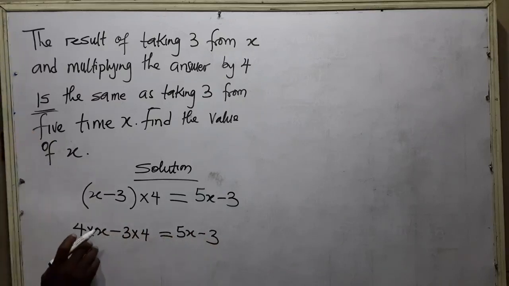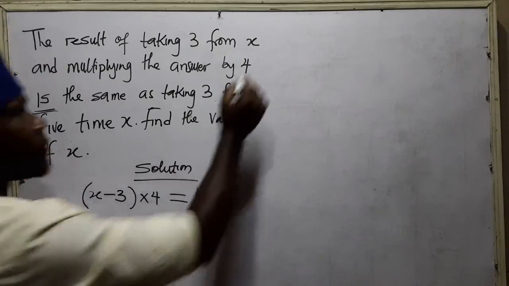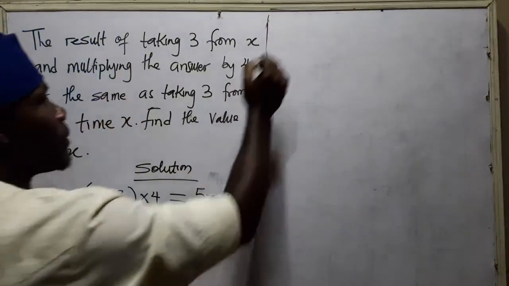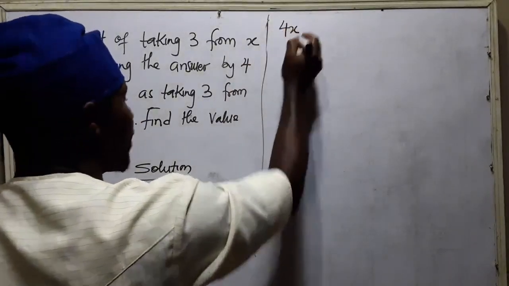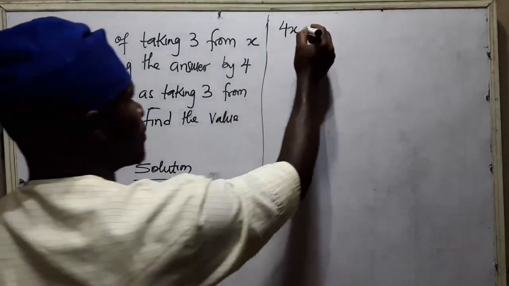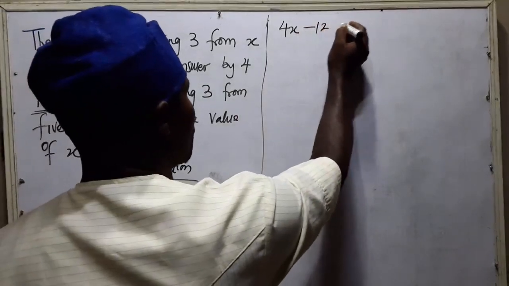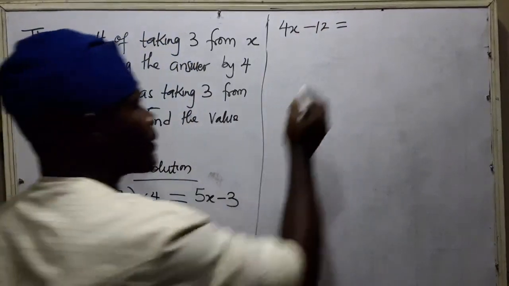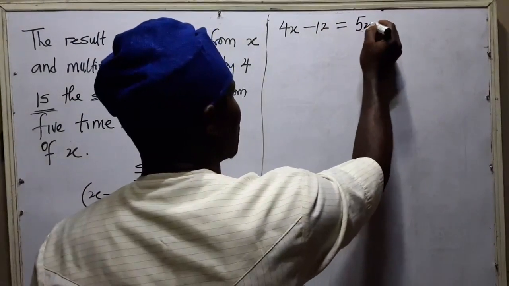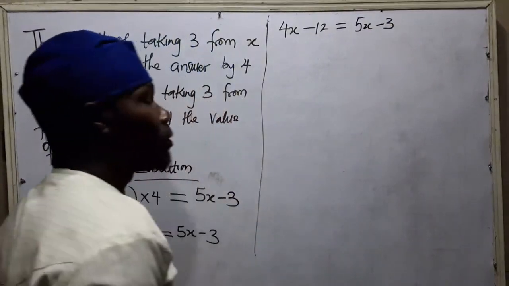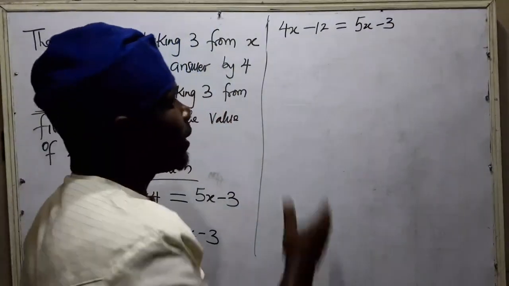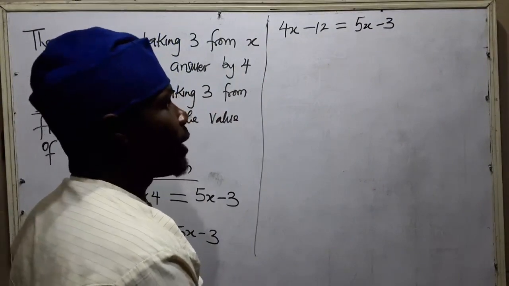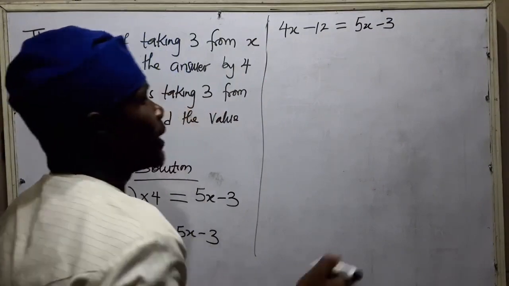In writing this, 4 times x will give us 4x minus 12, equal to 5x minus 3. So in getting the value like this, let's try to collect the like terms.